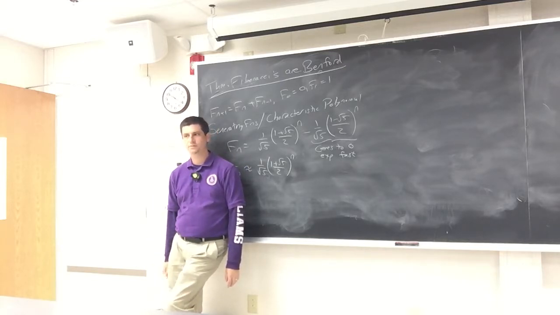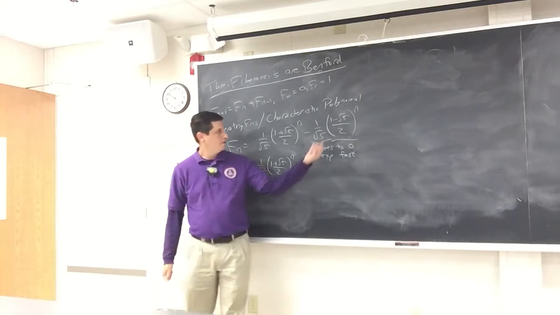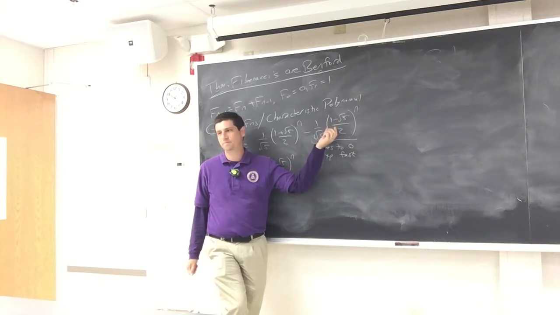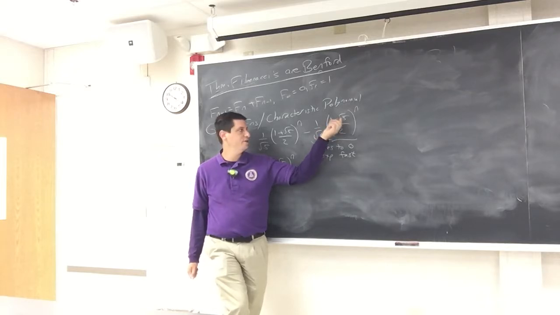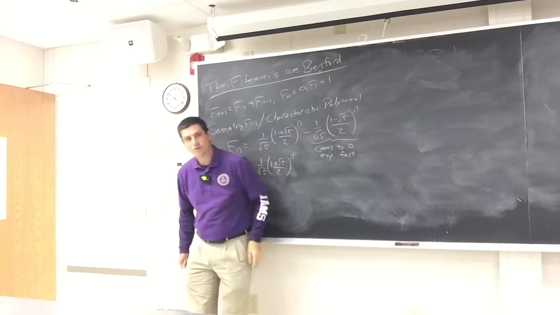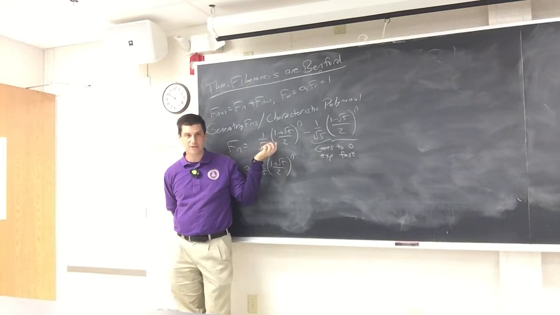How large is the square root of 5 approximately? 2 and change. 2 squared is 4, 2.5 squared is over 6, so it's somewhere between 2 and 2.5. So the numerator is going to be less than 2, and in absolute value this is going to go to 0. So what this means is the nth Fibonacci number, when n is large, is whatever integer is closest to this.